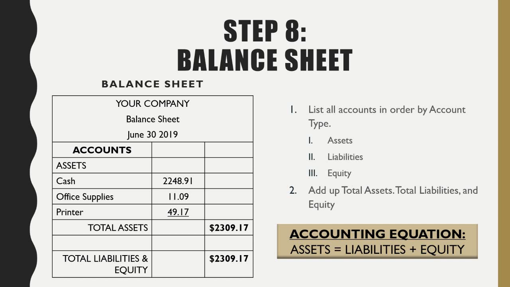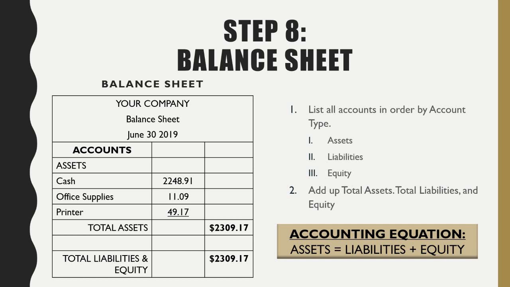So again, your balance sheet asks and answers that one question, right? It applies the accounting equation. It asks, well, does your total assets equal your liabilities plus your equity? So in this case, we're going to have to solve to see if our total assets reflect our total amount of liabilities and our equity.